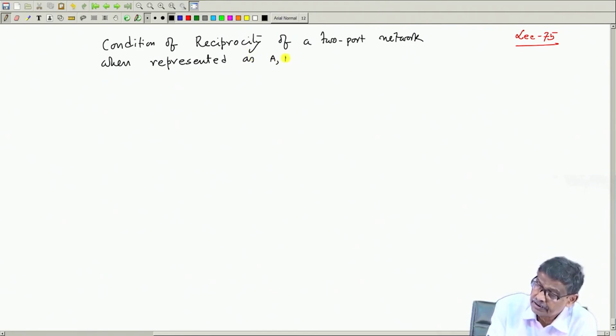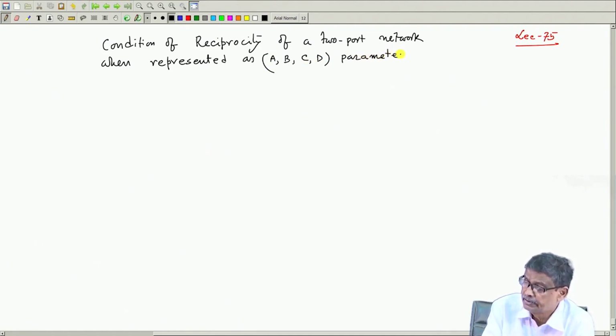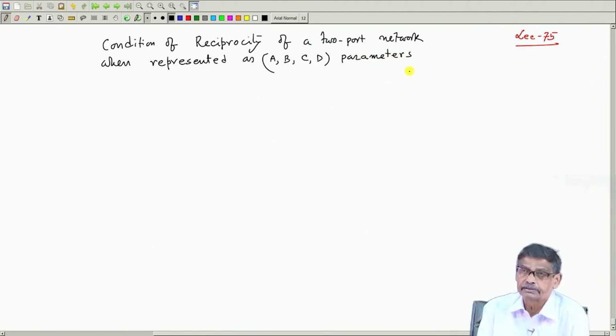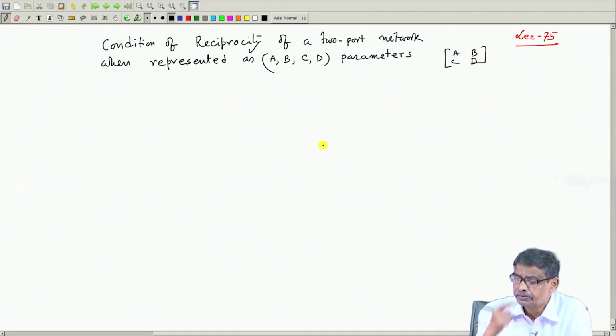What relation do the ABCD parameters satisfy? From the other two, you may be tempted to say it has something to do with the off-diagonal elements, B and C. We will see what it really is. In fact, it is not B equal to C.